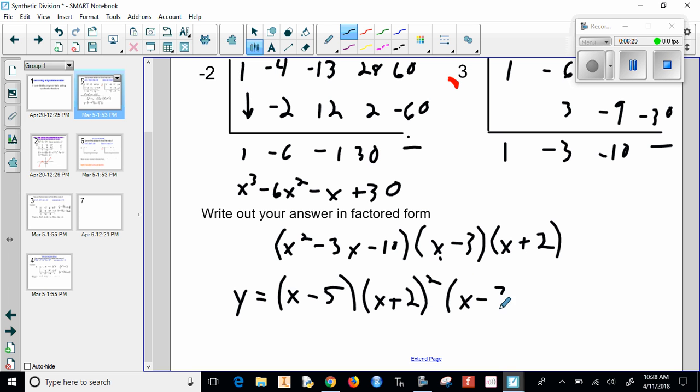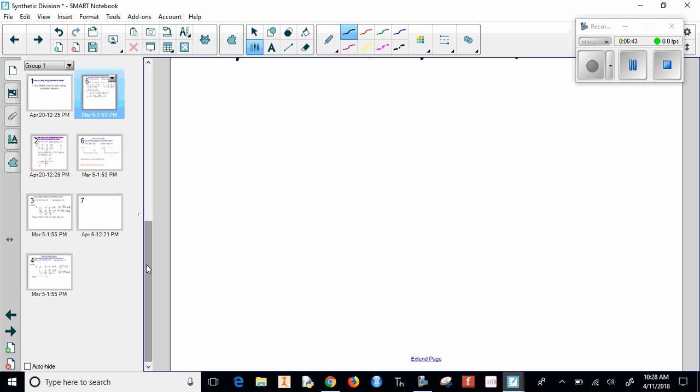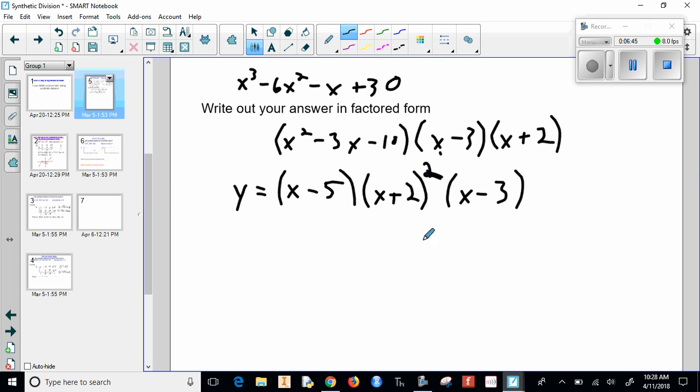Another way of talking about it is we'll say this has a 0 at -2 with a multiplicity of 2. So if you hear the word multiplicity, that just means it has two zeros, which means graphically it's going to touch at that point and turn around. So we have a 0 at 5, at 3, and at -2.